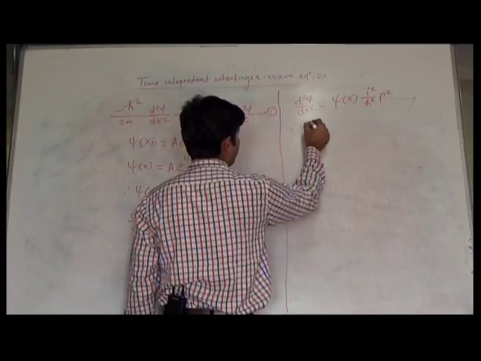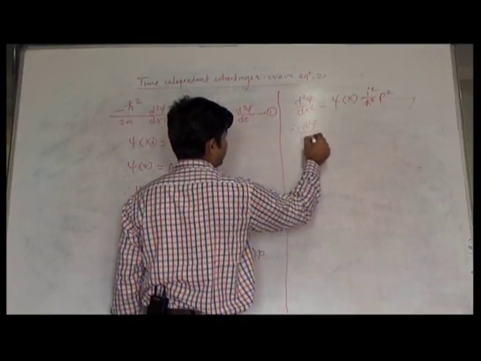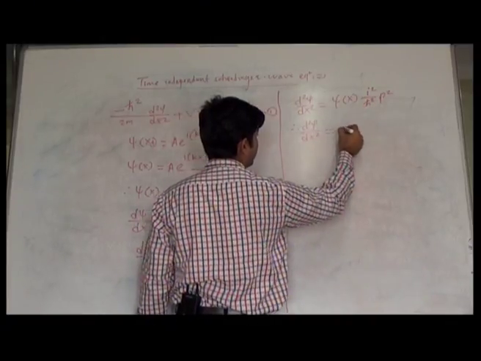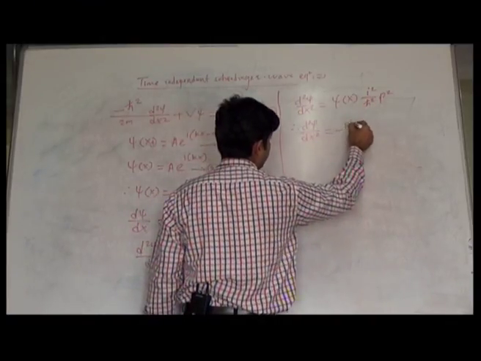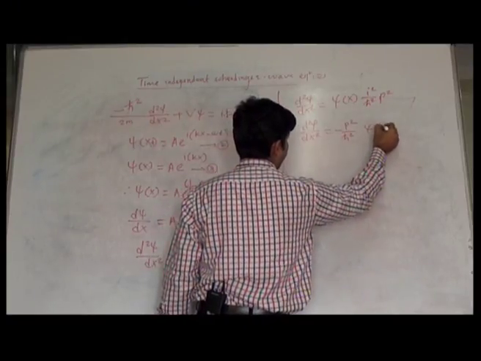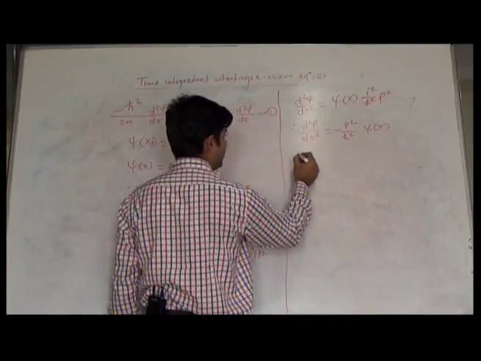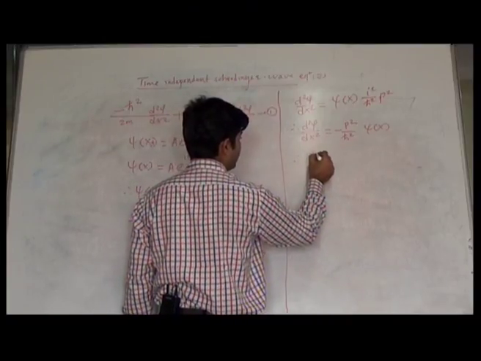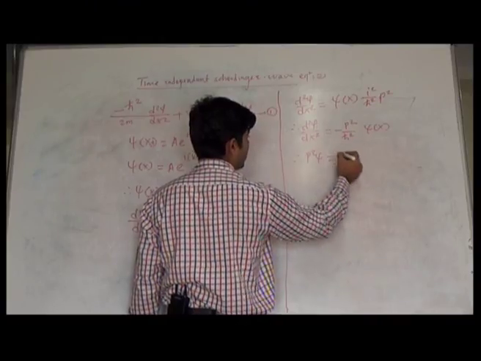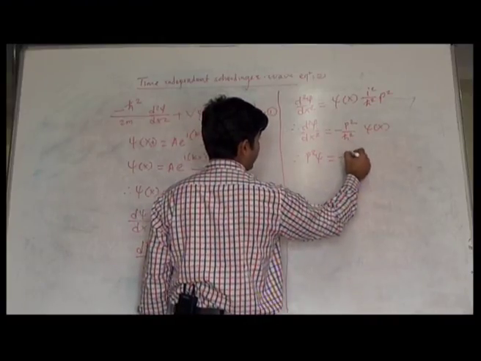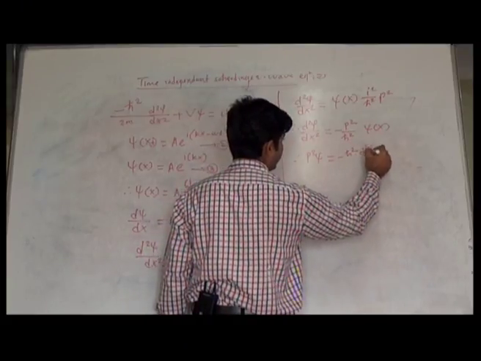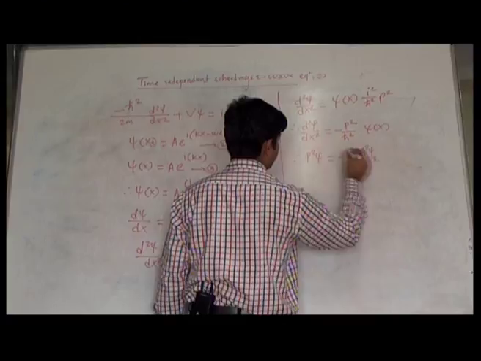Therefore d square psi upon dx square is equal to minus p square upon h cross square into psi of x. In terms of p square psi, we can write p square psi is equal to minus h cross square into d square psi upon dx square.